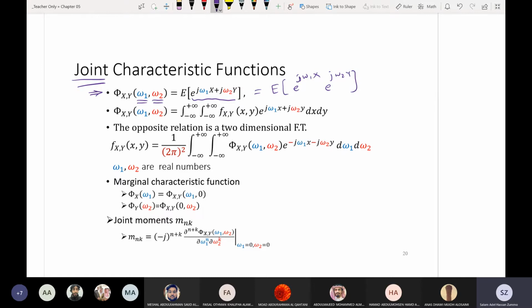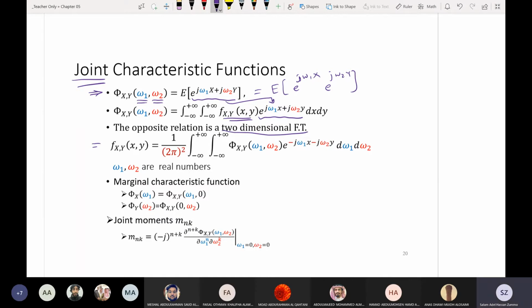When I take the expectation of them, I get the joint characteristic function. I do that by double integrating the joint PDF multiplied by e to j omega 1 x plus j omega 2 y. Okay, this is called the two-dimensional Fourier transform.